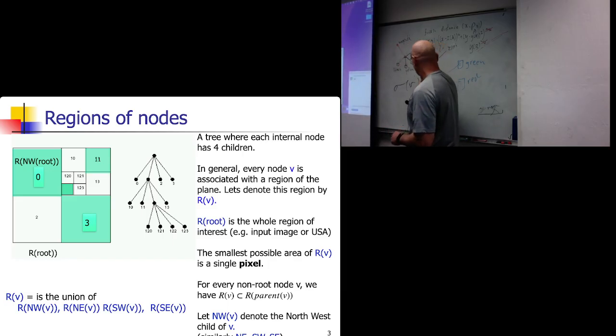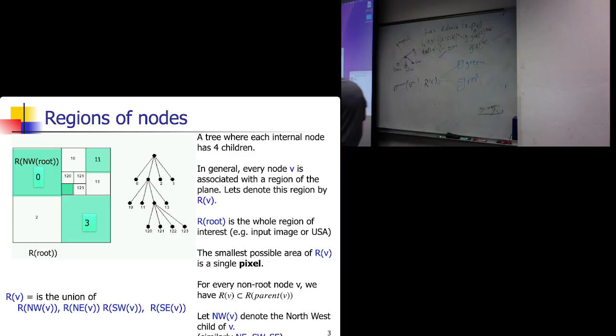Sigma of V is just in my slide, R of V. The region that the node V corresponds to. And the region that the root corresponds to will be the whole scene. That's its kingdom, that's what the root is looking at.